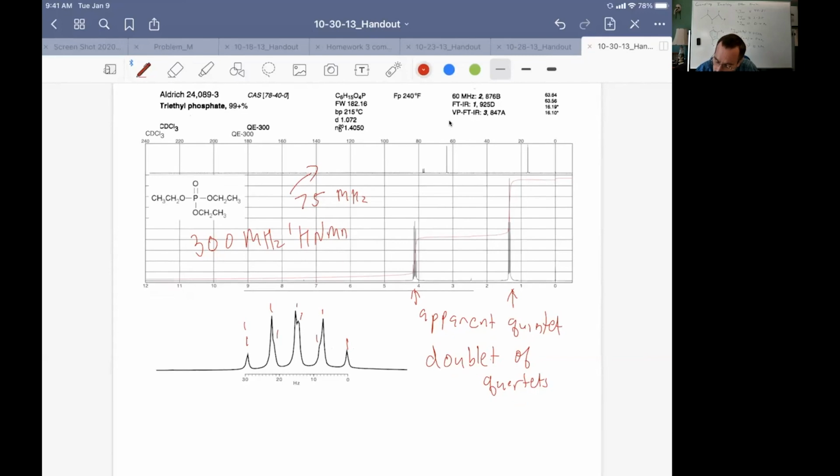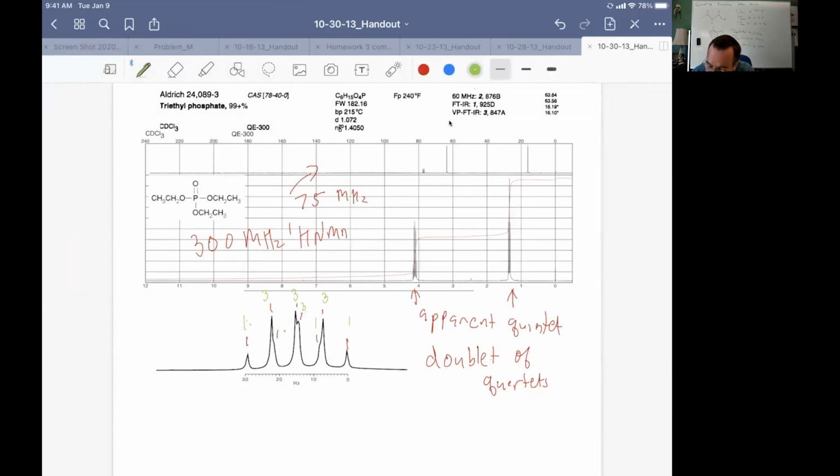So if you squint, they match up to 1, 3, 3, 1, and then here 1, 3, 3-ish, and 1 over here.